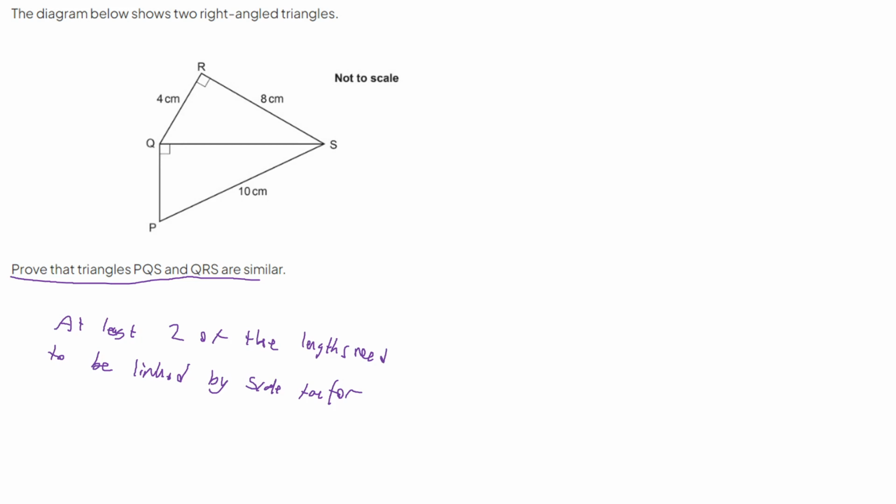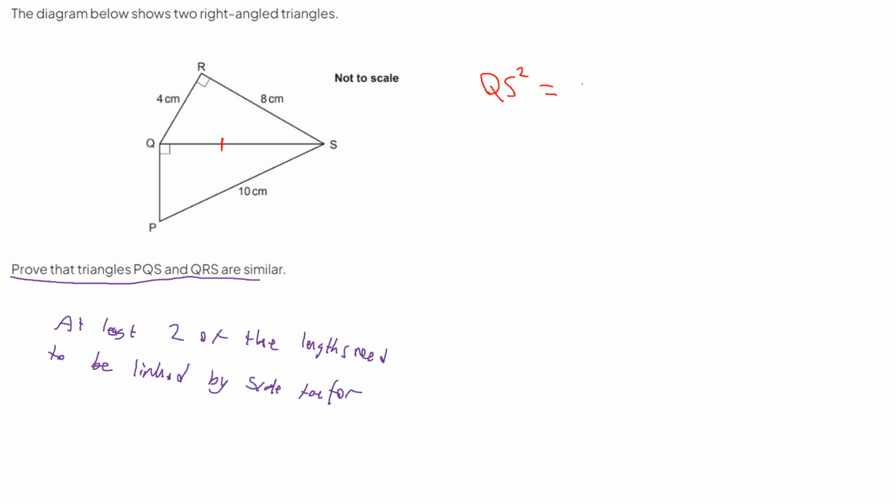Well, for this one, it's a little bit tricky because we're not given anything from PQS, right? But what can we work out from triangle PQS? We can work out what this length is. How do we know what QS is? We can use Pythagoras' theorem.